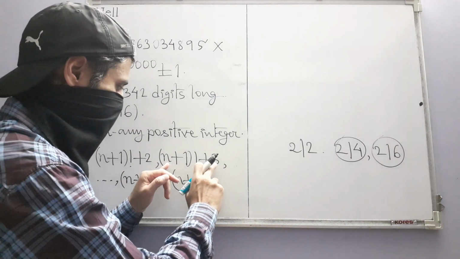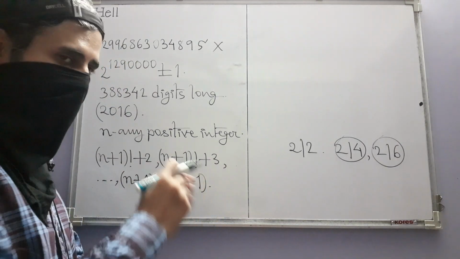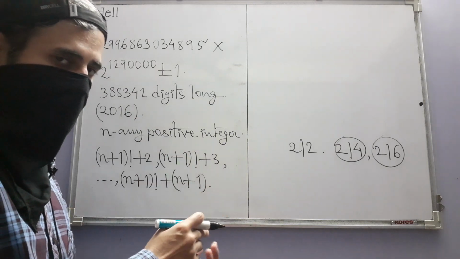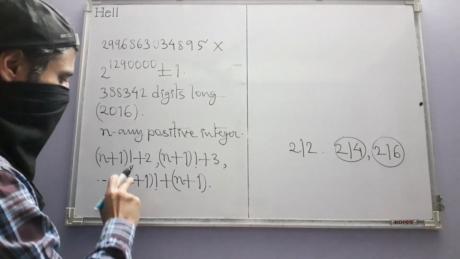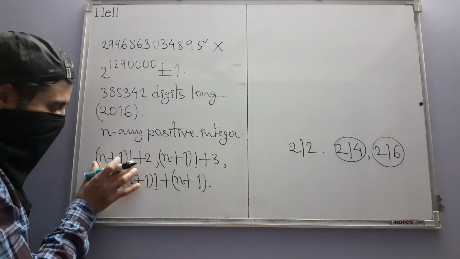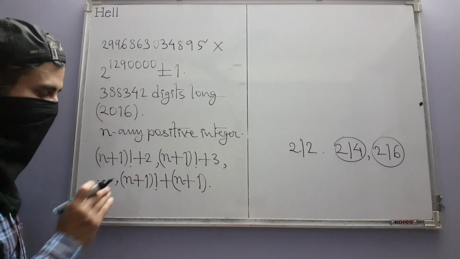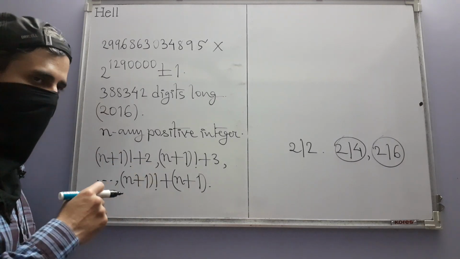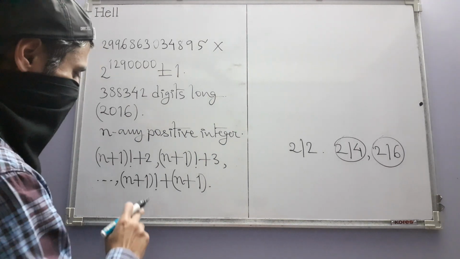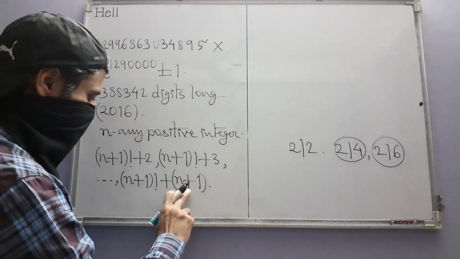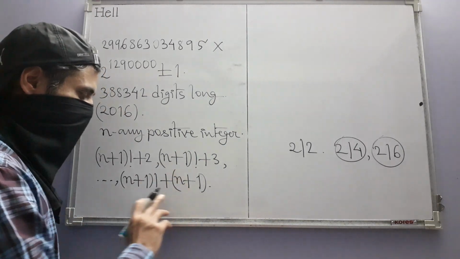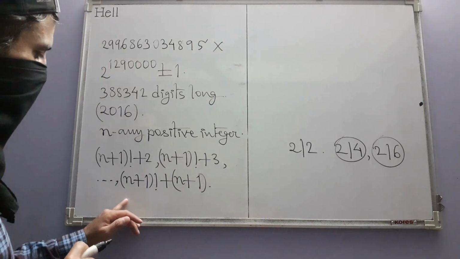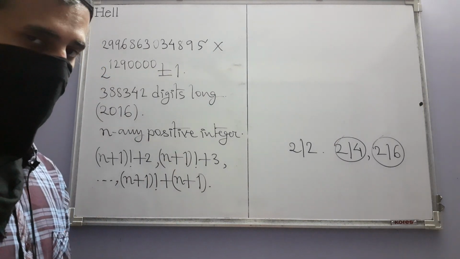Similarly, the fact that this is greater than 3 makes it composite because it's at the same time divisible by 3 as well. Why is it greater than 2? That's because this is positive now, and this plus 2 is automatically greater than 2. So just like that, this one is divisible by n plus 1 and still it's greater than n plus 1.